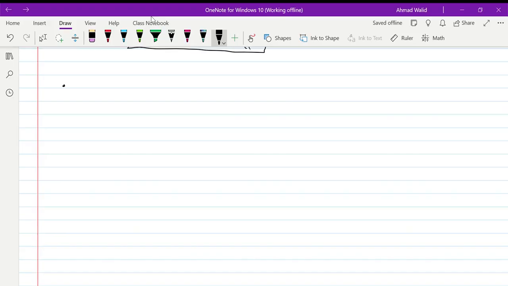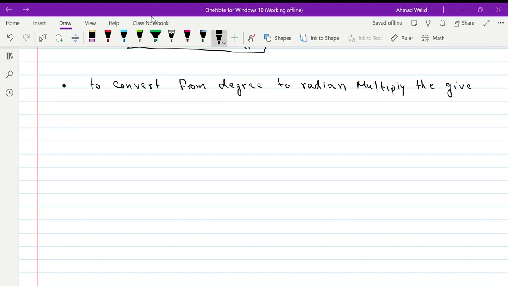Note number one, to convert from degree to radian, multiply the given degree by pi over 180.